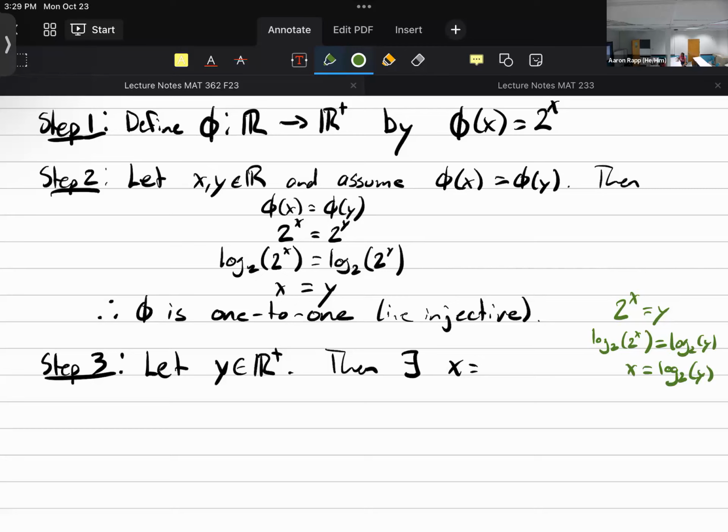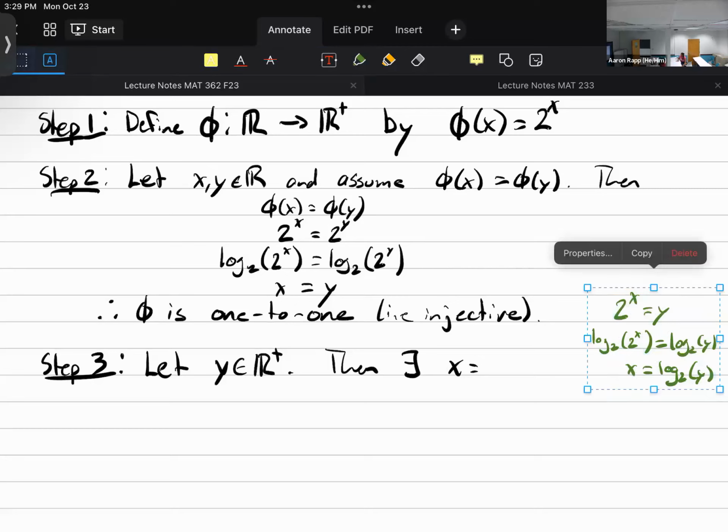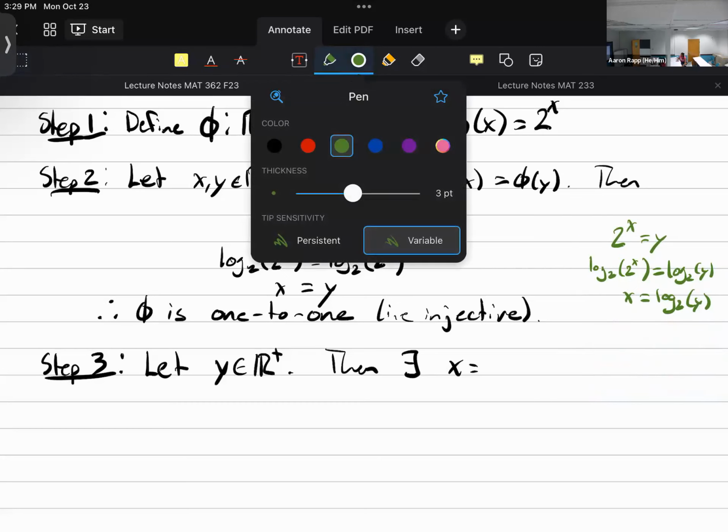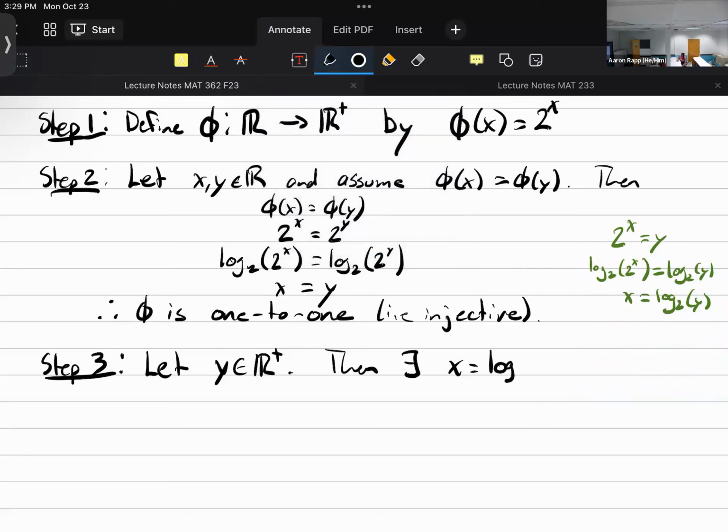So then all I need to do is say, okay, well, whatever the desired output is, I know I can find an input x, which would be log base 2 of that desired output, which is in my reals, such that phi of x, which would be 2 to the x, but how we defined that term x, this means it would be 2 to the log base 2 of y.